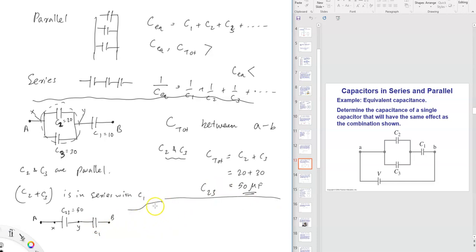So my grand total, this whole thing and this one in series, I'm going to write it as 1 over 50 plus 1 over 10.